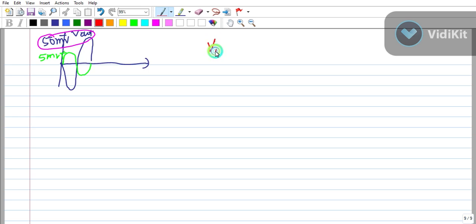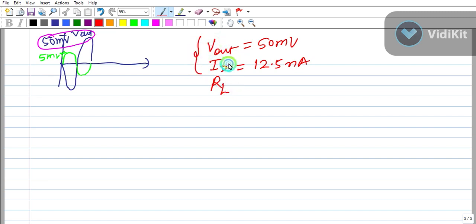So we have output equal to 50 millivolt, which we want, and we have ID equal to 12.5 nanoampere, and by these two parameters we can calculate RL. Okay, so see what was there. There was RL.